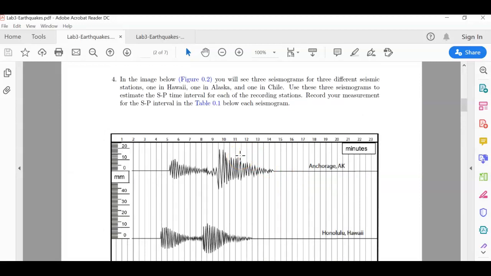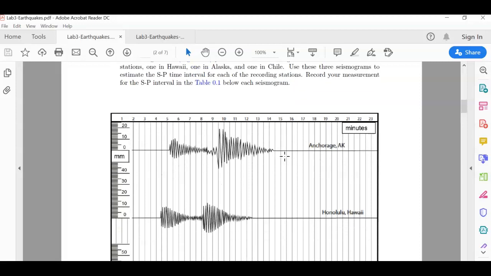So how are you going to do this? Hopefully it's fairly straightforward, especially after having seen lecture, but just as a refresher, I'll help you through one of them. What I'm asking you to do is record your measurement of the SP interval, meaning the difference in time between the secondary wave arrival and the primary wave arrival time.